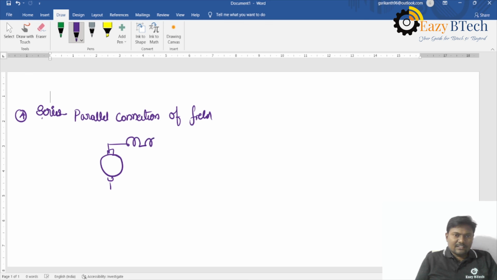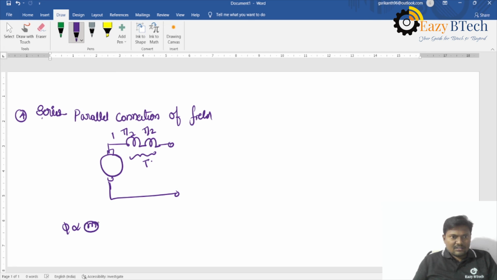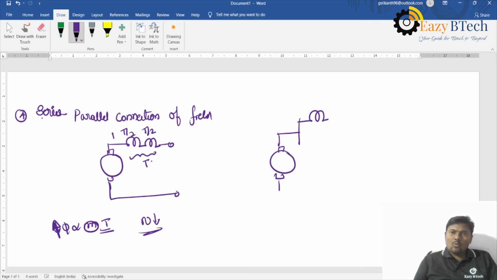This is T by 2 and T by 2, and the total turns is T. The mmf is full, the flux is high, and the speed will be less. Then the same turns are connected in parallel.